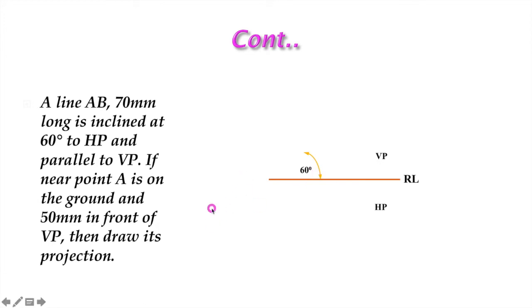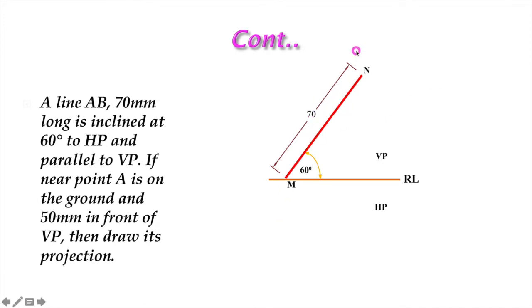Then, as it is mentioned, near point A is on the ground. On the ground means in the front view, the line is in contact with the reference line. So from the reference line at an angle of 60 degrees, we will draw a line of desired length, means 70.